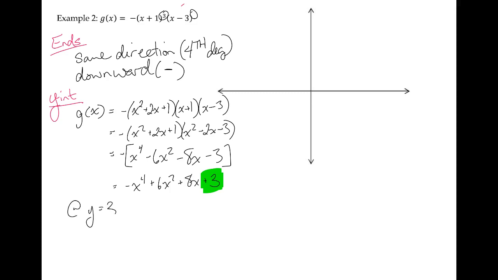My zeros, based on the factored form that I was given, are going to be at x = -1, but I'm going to note that this should be a cubic shape, and x = +3.